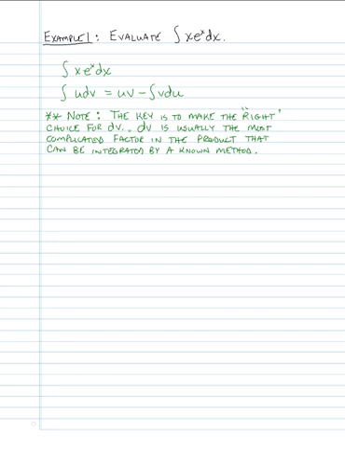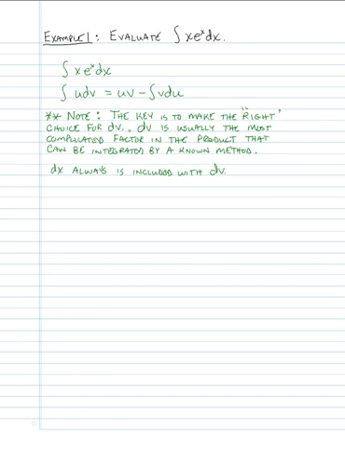Now, what product am I talking about? x e to the x dx. And by the way, dx always is included with dv. And we'll see why in a moment.